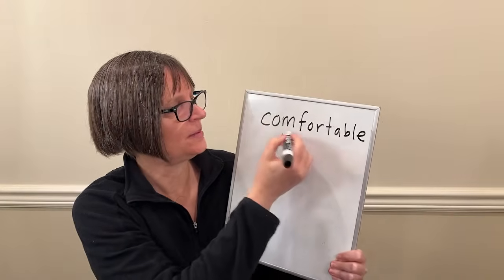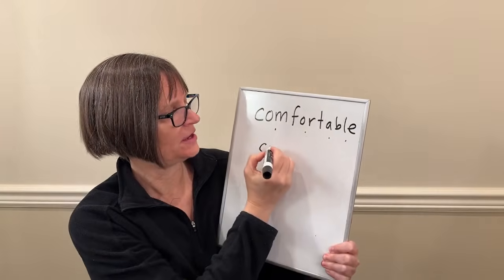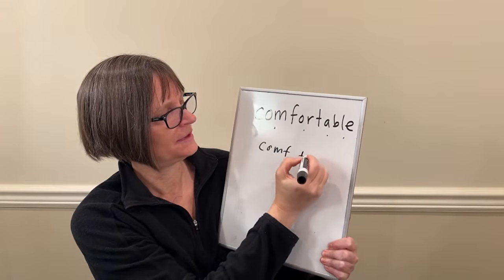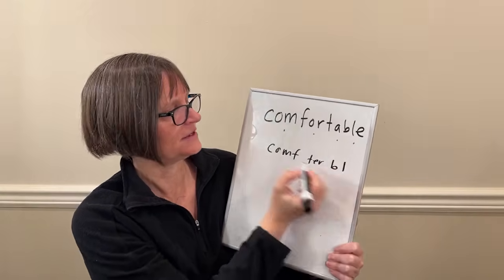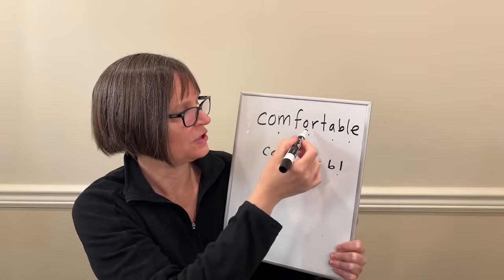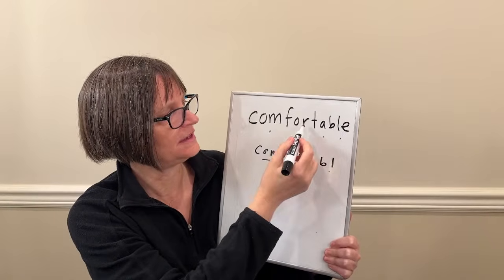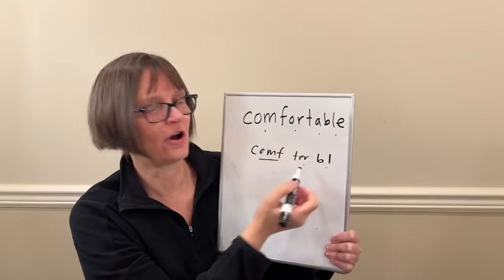Did you say comfortable with 4 syllables, or did you say comfortable? So this one doesn't make a lot of sense, comfortable. Even though we have the letters OR, we just basically drop that and we move the T and the R around.